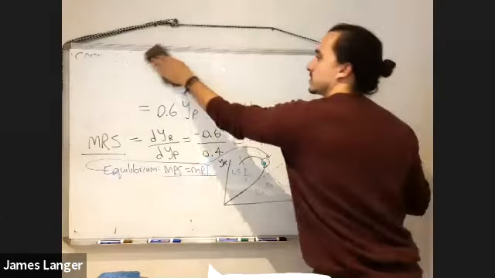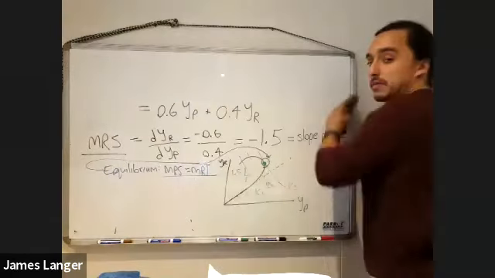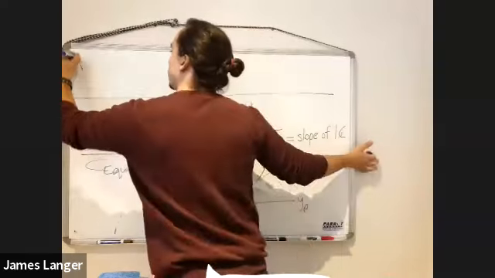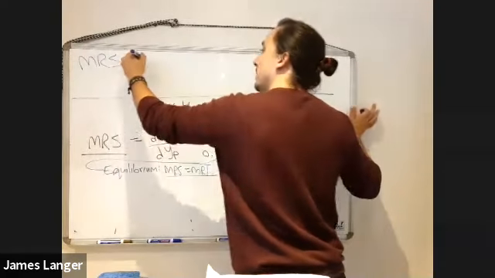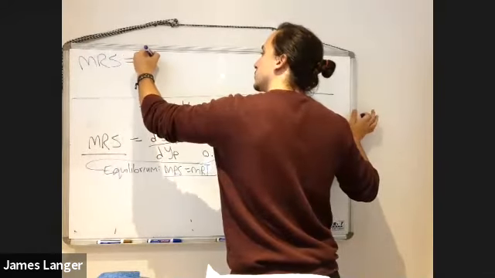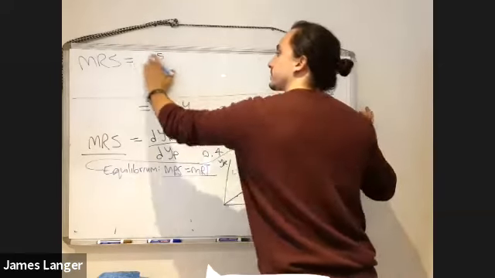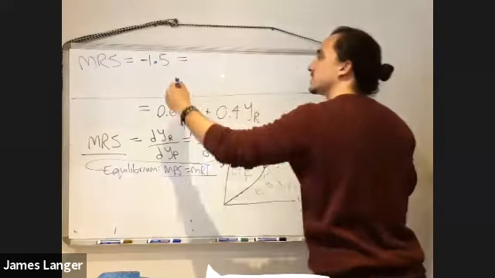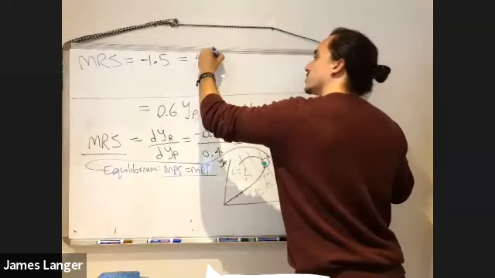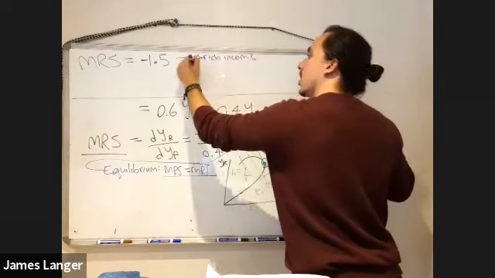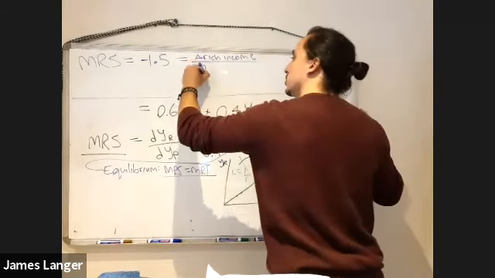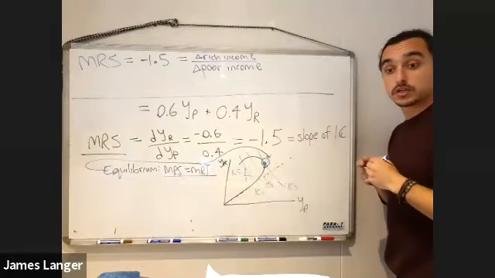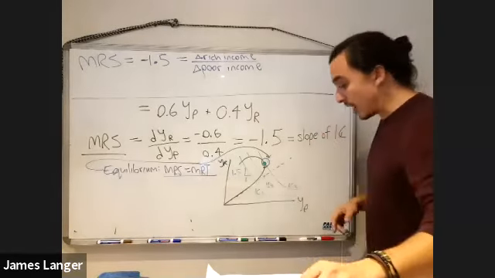So I just want to, for people who maybe got confused by the MRS, what is the MRS again? If the MRS is equal to minus 1.5, remember that's the change in rich income over the change in poor income. So if this is your MRS, how would I interpret it?